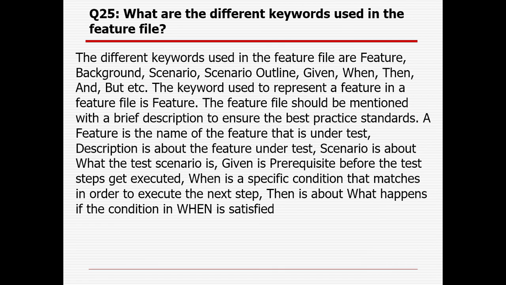A feature is the name of the feature under test. Description is about the feature under test. Scenario is about what the test scenario is. Given is the prerequisite before the test step gets executed. When is a specific condition that must match in order to execute the next step. Then is about what happens if the condition in when is satisfied.